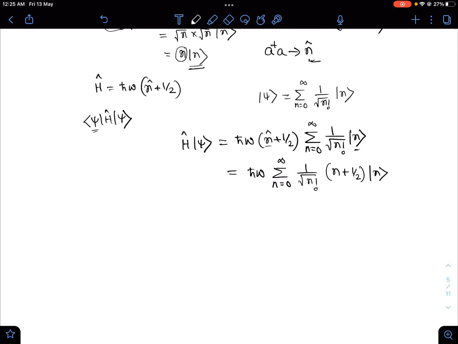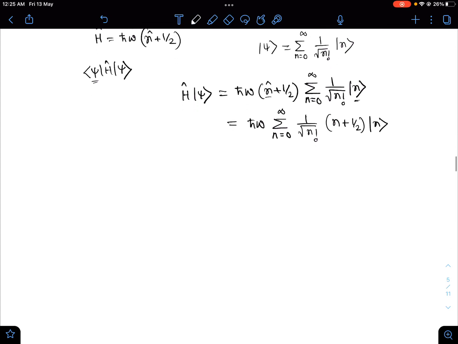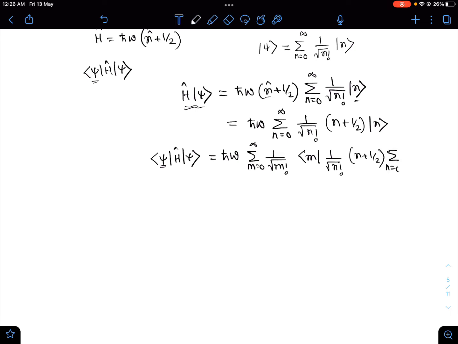So we will get this, and now if we sandwich this Hamiltonian between the states, we will get ħω, the sum over m from 0 to infinity of 1 by root m factorial, which is our wave function, and we have H psi, which is 1 by root n factorial times (n plus half), and we will have the summation over n.